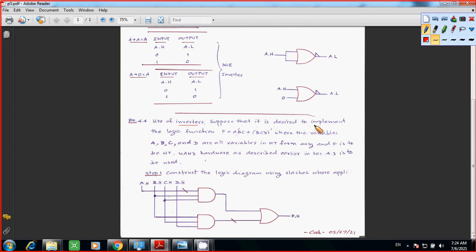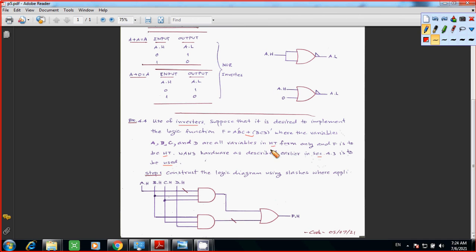Suppose that it is desired to implement the logic function f equal to a prime bc or bcd prime, where the variables a, b, c, and d are all variables in high true form only, and if f is to be high true. NAND hardware, as described earlier in section 4.3, is to be used.